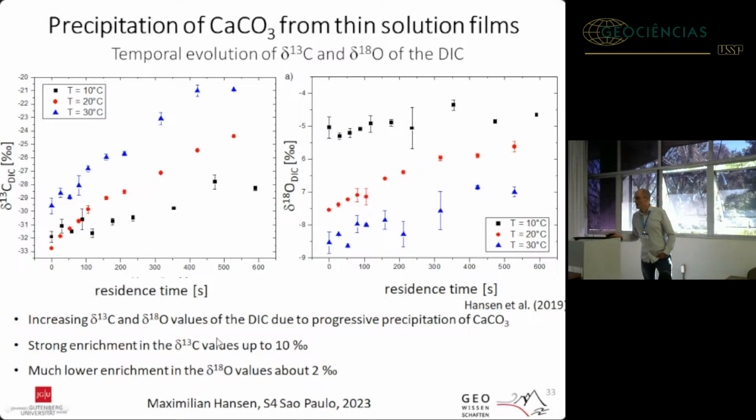And what we observed was a strong increase in delta 13C values, an enrichment over the residence time of up to 10 per mil for the high temperatures, and the enrichment in the delta 18O values is only up to 2 per mil. But it's still a strong isotope effect, right?